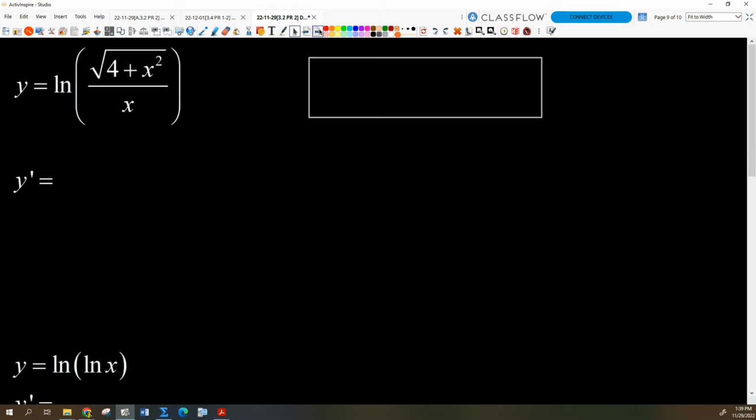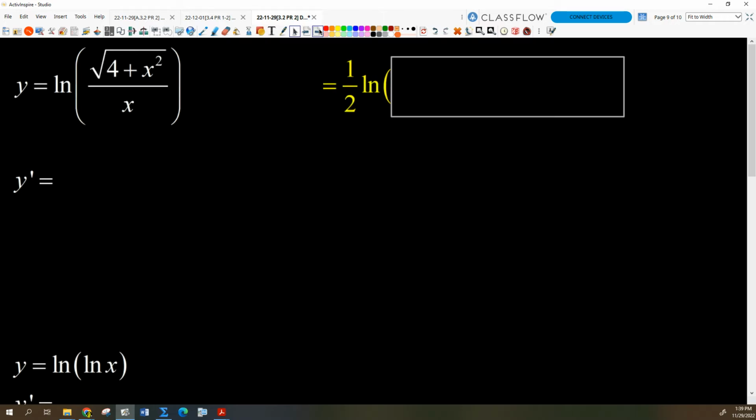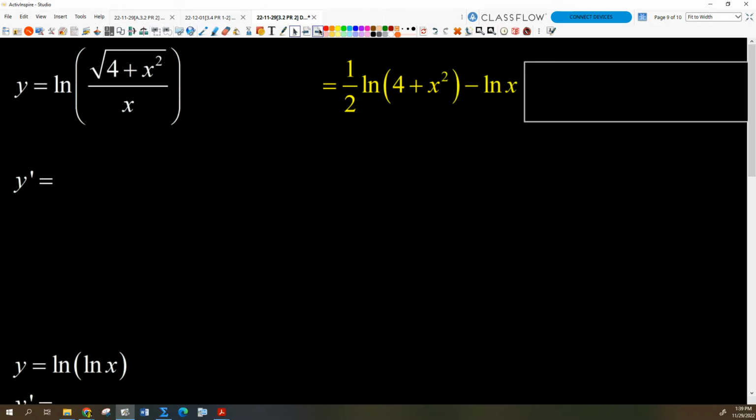So what do you think? What does that simplify to as a log function if I expand it? Log of 4 plus x squared, minus log x.